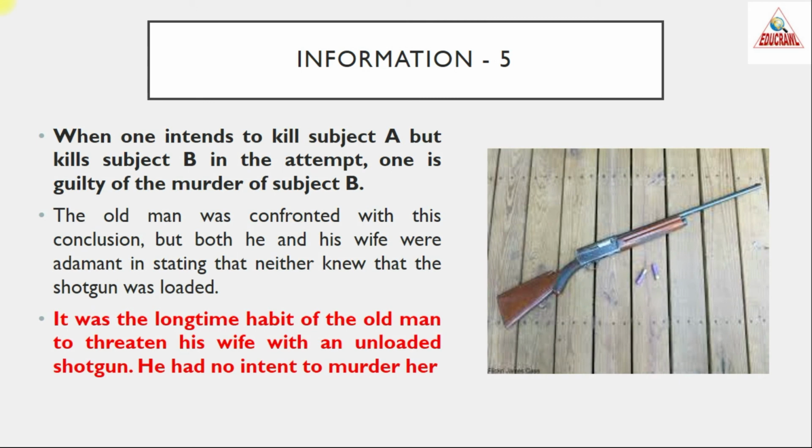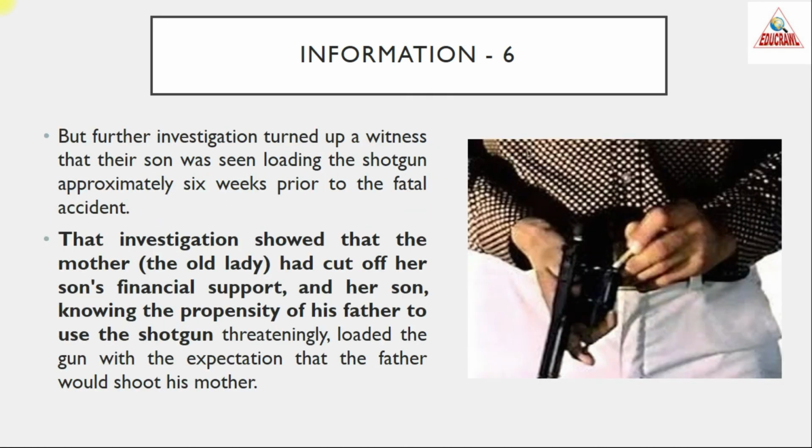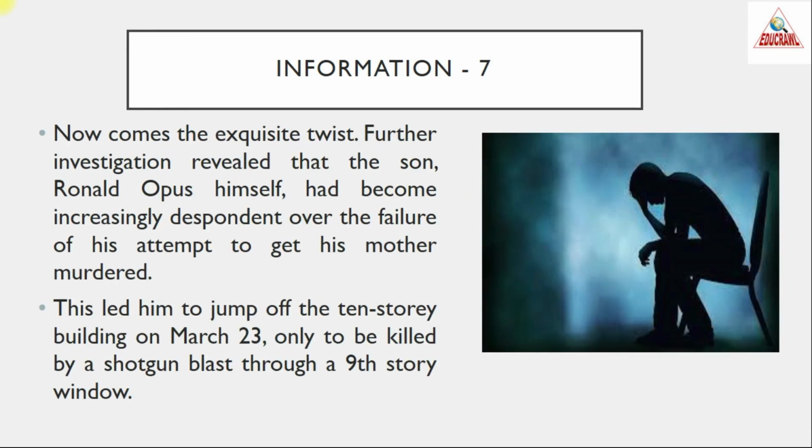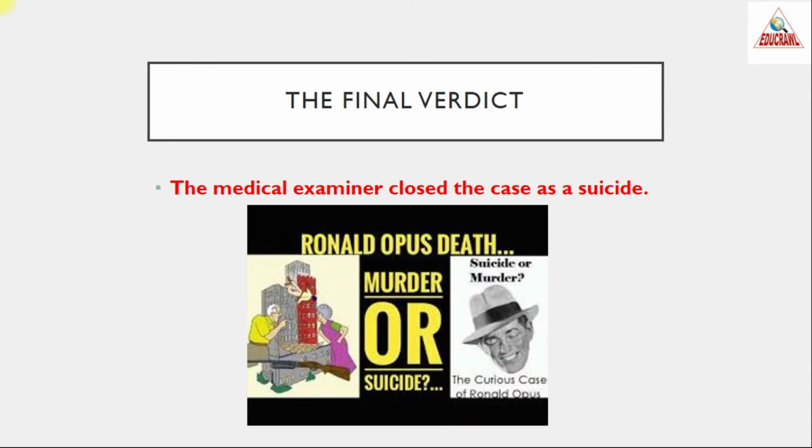On the fifth information, you clearly thought it was a murder. Then on the sixth information, you came to the conclusion that the son of the old man and woman was the murderer. Finally, the seventh information clearly revealed that Ronald Opus is the son of the old woman and man, and the final verdict is that the medical examiner closed the case as a suicide.